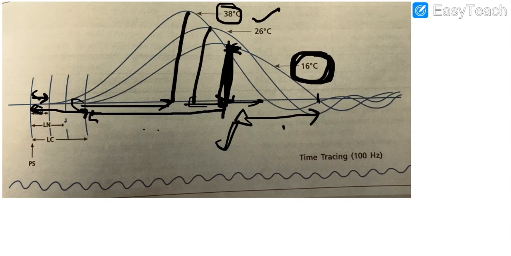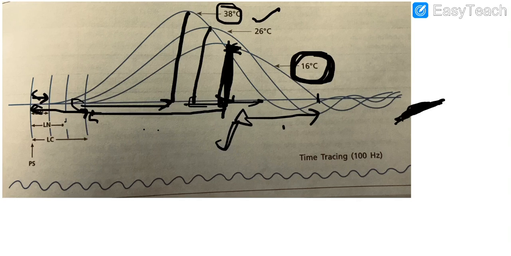From this point to this point is the latent period for the 16 degree one, this is the contraction period, and the relaxation period is this one. So, if we compare all these three periods, the latent, the contraction and the relaxation, each is maximum at the low temperature and minimum at the highest temperature.